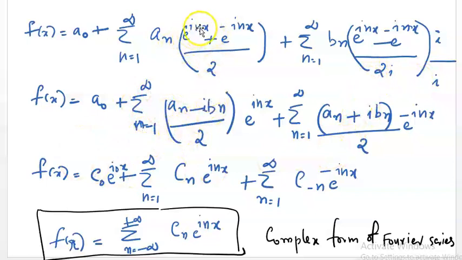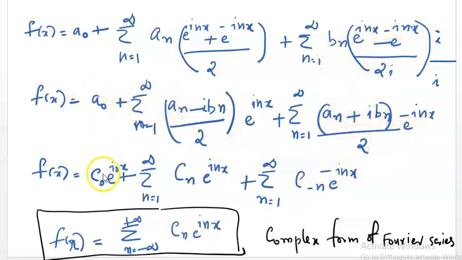Here we have e to the power i nx with coefficient an minus i bn by 2, and sigma n equal to 1 to infinity plus e to the power minus i nx with coefficient an plus i bn by 2.